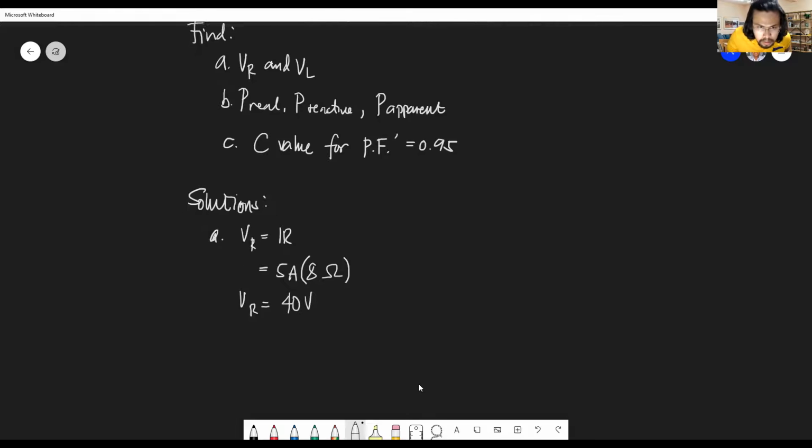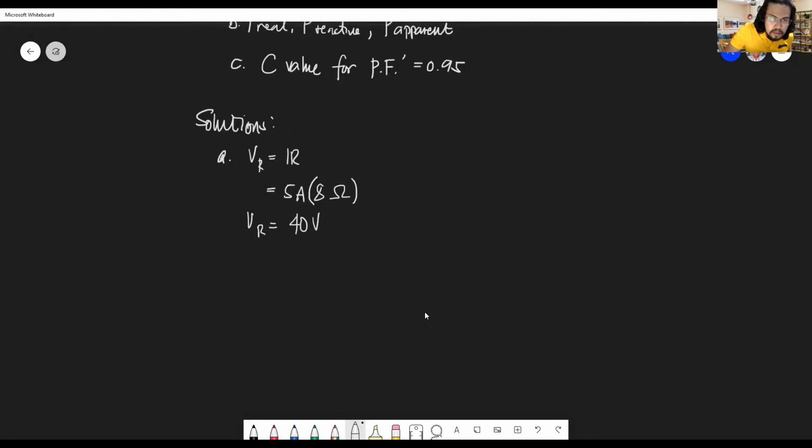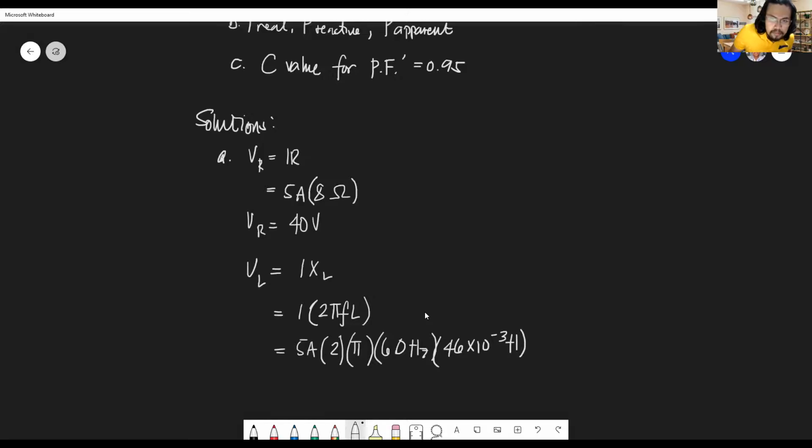Okay, and VL now is simply I times X sub L, adjusting the formula so that we can solve using the given. So 2 pi FL, and we get 5 amperes times 2 times pi times the frequency, which is 60 hertz, and we have 46 times 10 to the negative 3 Henry.